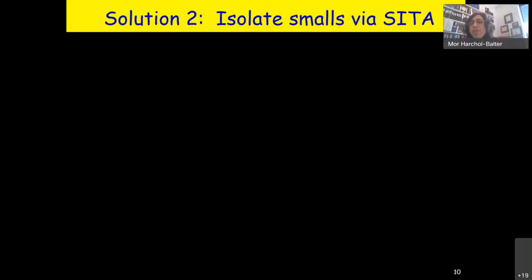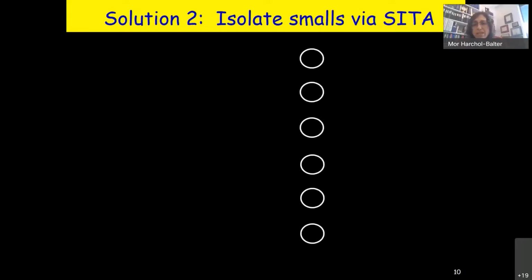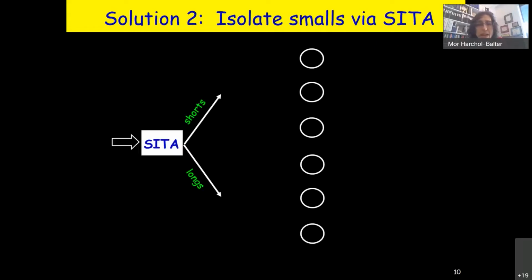Okay, but maybe you don't like that solution. So another solution I say to companies, and this is a project I'm working on right now with a company, is again reminding them you can always isolate the small jobs from the big jobs. So the idea here is, you have some kind of data center, a lot of servers, and when the jobs come in, you use SITA task assignment, which separates the short jobs from the long jobs.